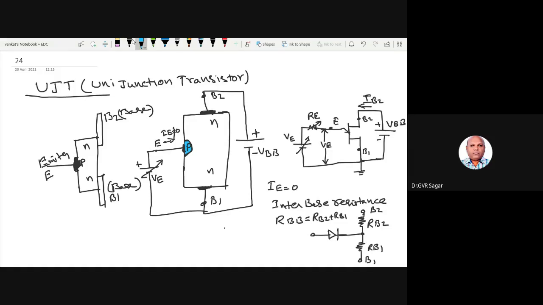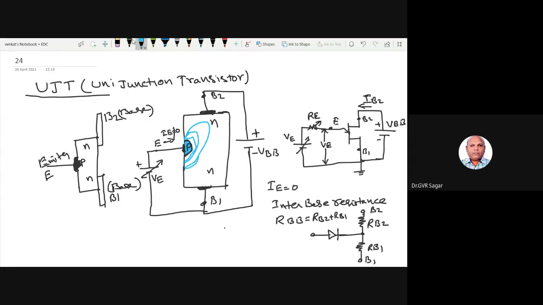As VE is increased, suppose from 0 to 0.5 volts, it creates a barrier like this. Next, at 1 volt it goes like this. Next, at 1.5 volts it goes like this.